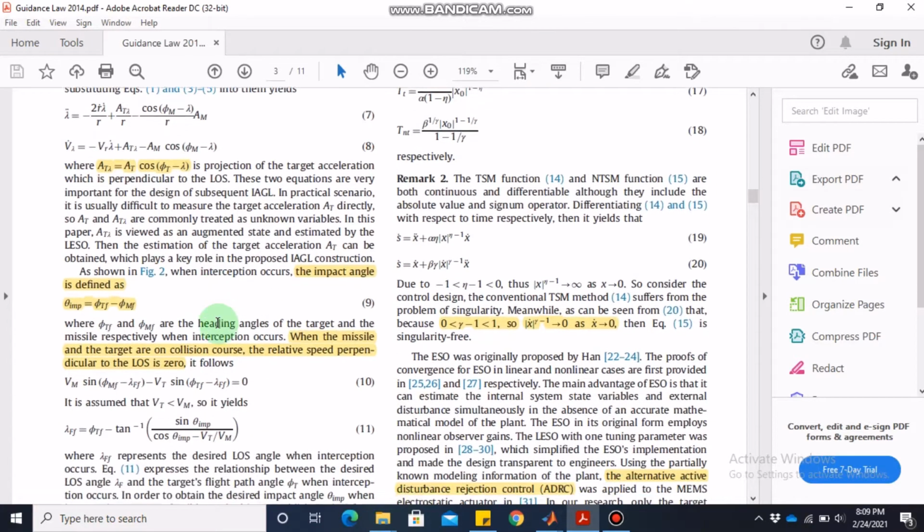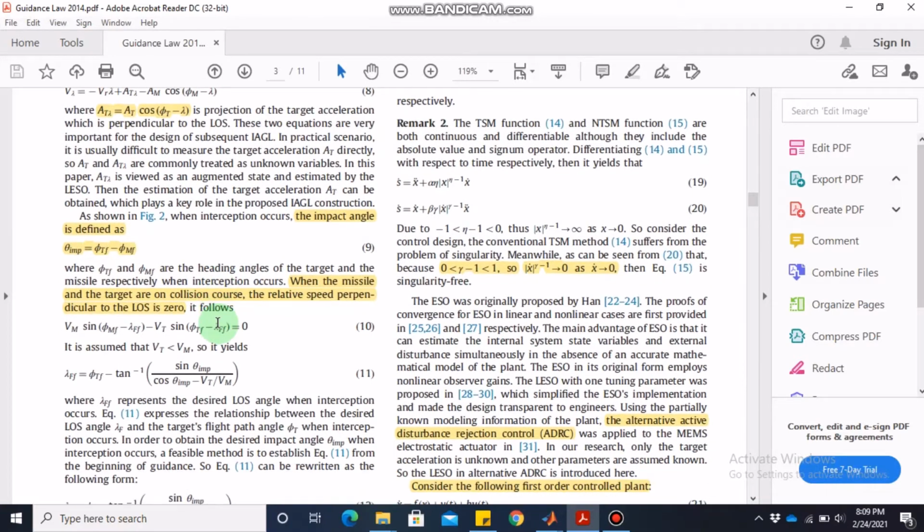And then we have this desirable value of the line of sight angle. When the missile and the target are on a collision course, the respective speed perpendicular to the line of sight is zero.